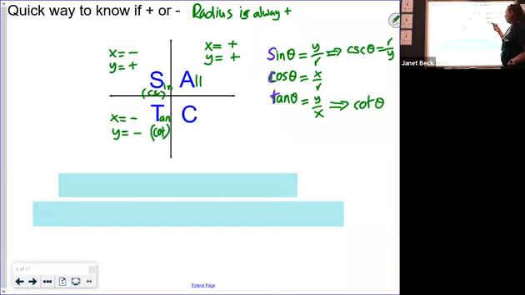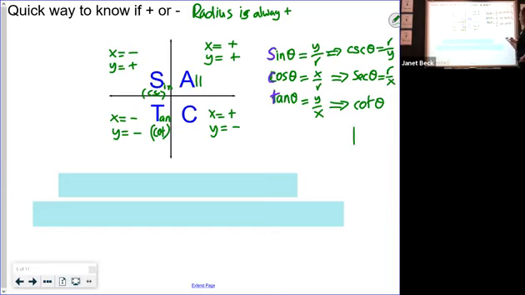And in quadrant 4, x's are always positive, y's are always negative. You graph any point there. So the cosine would be positive, because cosine is x divided by r, it's a positive, and r is always positive. In quadrant 4, cosines would always be positive, and their reciprocal, secants, would also be positive.